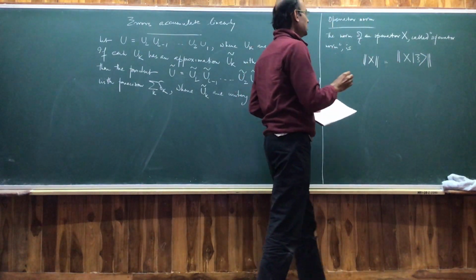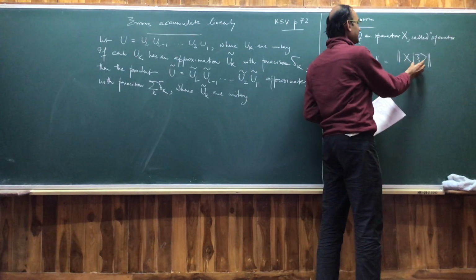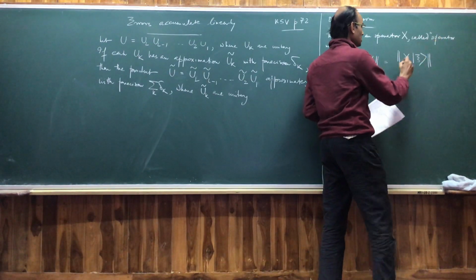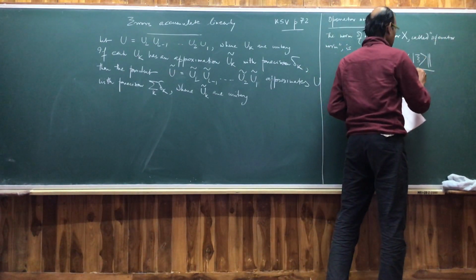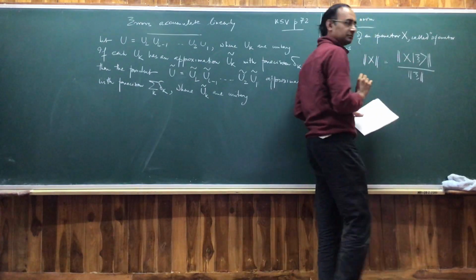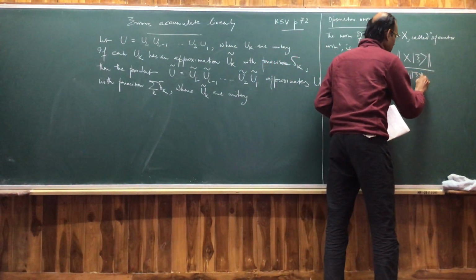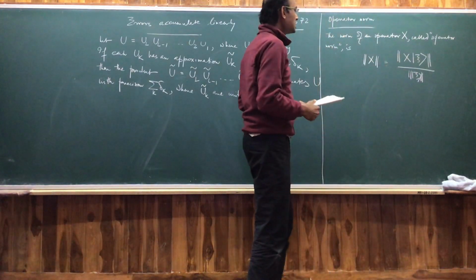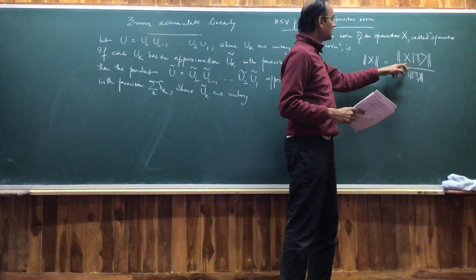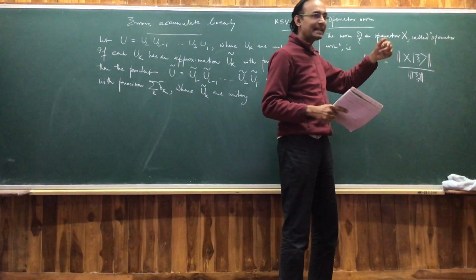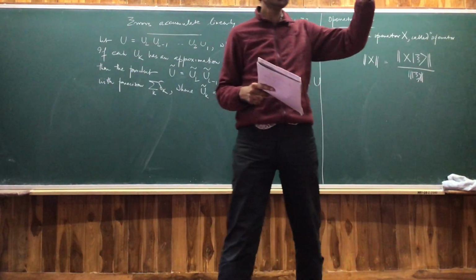This will tell me the length of the resulting vector, but the vector itself could have been very big, so I divide by the norm of the vector. So this gives me the factor by which X takes xi.